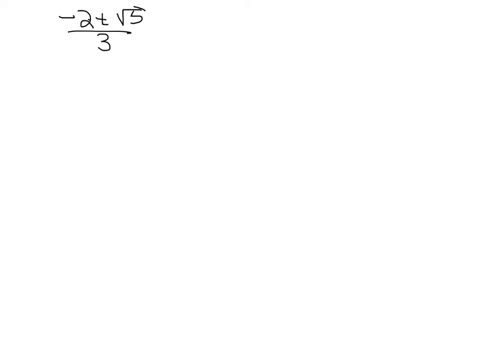Okay, so let's try another one. We've got x squared minus x equal to negative 8. Well, the first step says get one side equal to 0. Oh no, I'm sorry, I read this wrong. It is x squared equals x minus 8. First step is still the same.